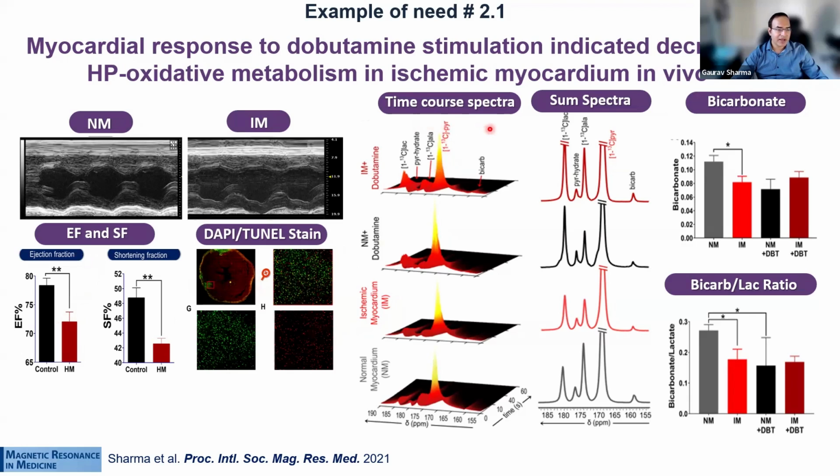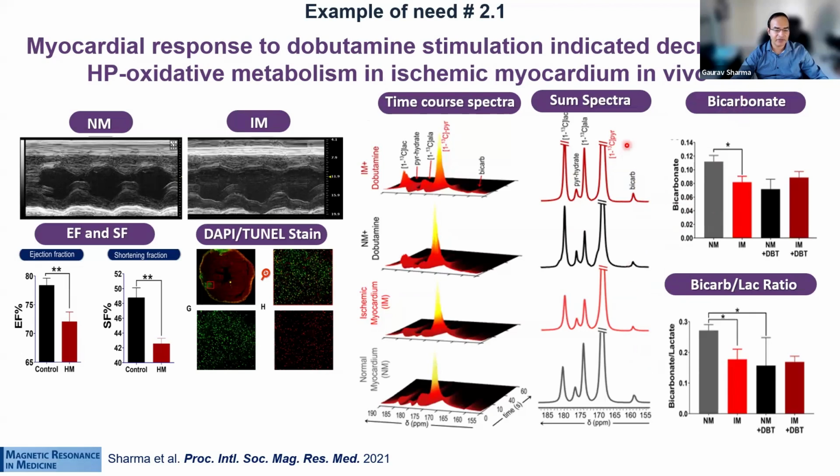Then we acquire time course spectra in vivo. When we look at the normal versus ischemic myocardium, we do not apparently see much difference in the bicarbonate; it is slightly different, but in the case of dobutamine, these differences are not significant.